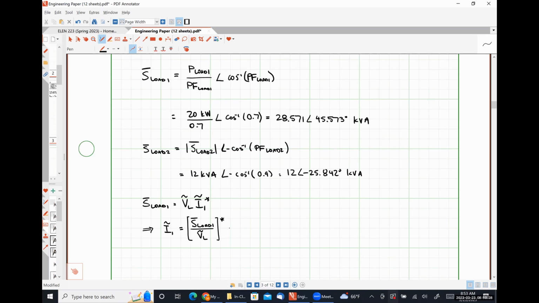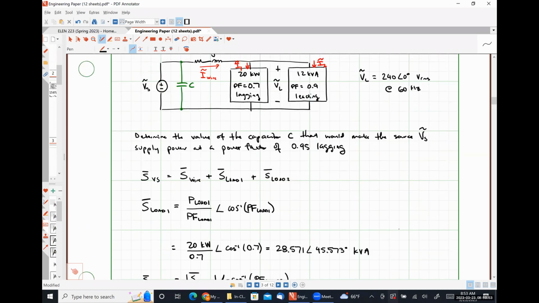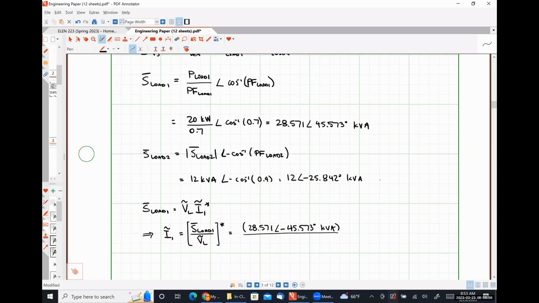So our current I1 is going to be 28.571 angle negative 45.573 degrees kilovolt amperes divided by the conjugate of our voltage, where VL was 240 angle 0 volts RMS.